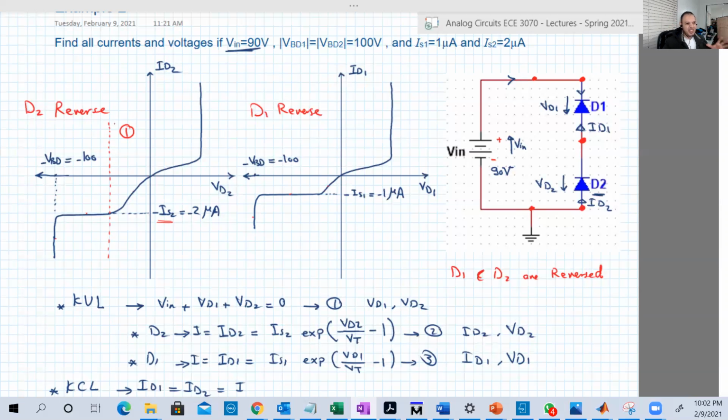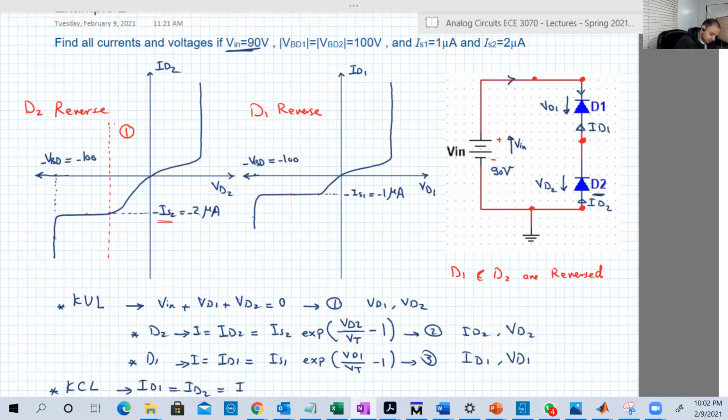For example, VT is 0.026, or 26 millivolt, so VD may be 50 millivolt, or 25, or 20, or 10, or 40, something comparable, a little bit higher than VT.